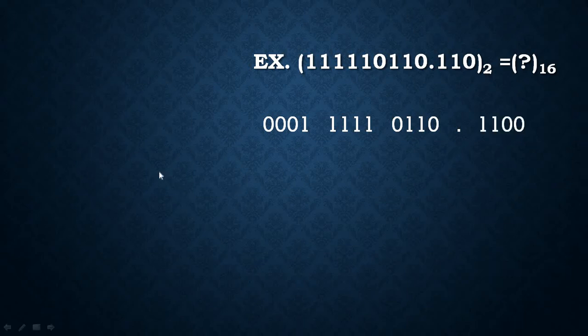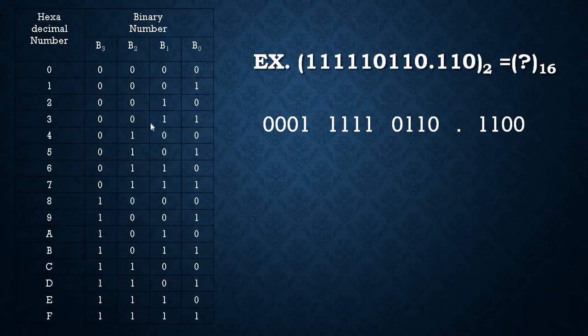Now again we observe the relation table. In this relation table we have to find out the hexadecimal equivalent for each binary representation. For 0001 we get the first hexadecimal digit 1, we write here. For the second group 1111 we get the hexadecimal digit F, we write here.